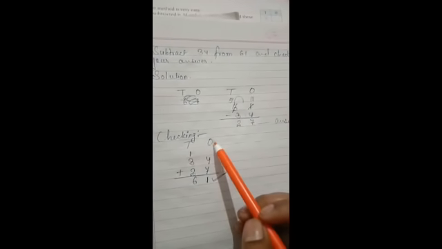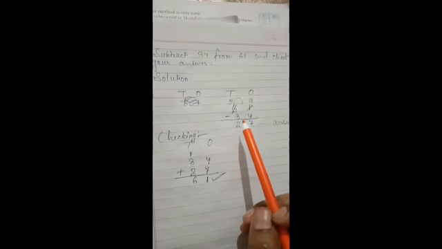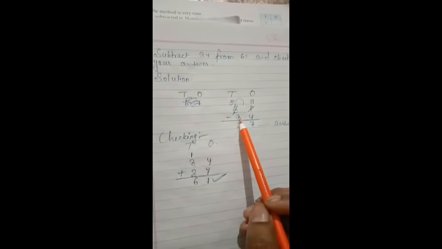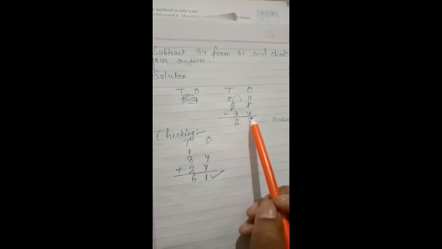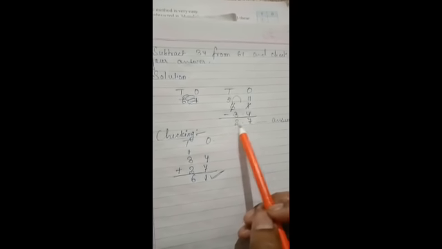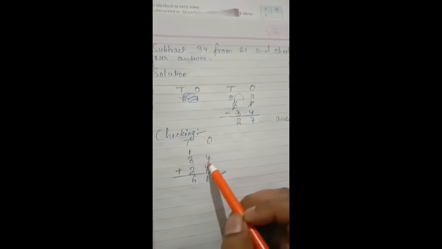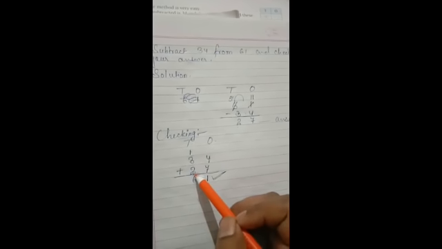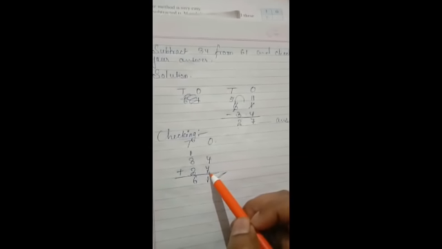Checking. So again let us place them in their places. The number which we have subtracted and the answer we have got, we have to add these two numbers. Okay, 34 and 27 we have to add. 34, 3 in the tens place and 4 in the ones place. Then 27, 2 in the tens place and 7 in the ones place.